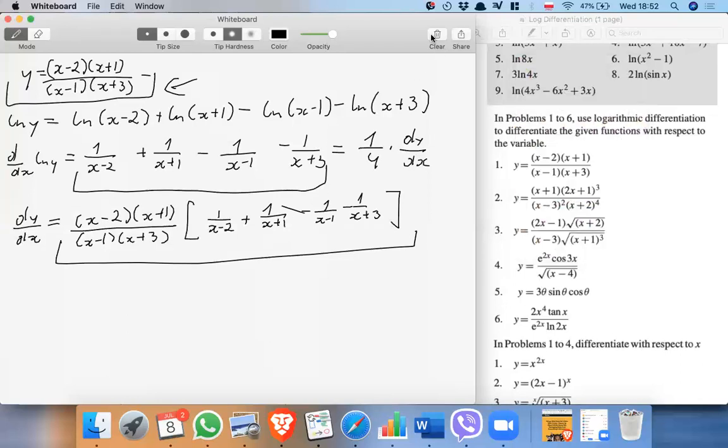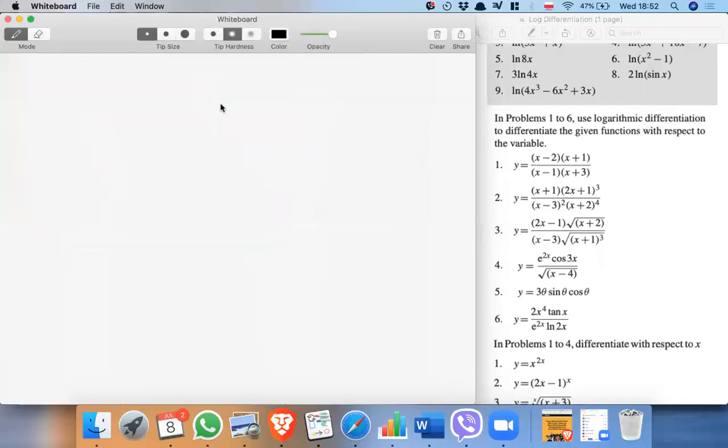So the next one, we're dealing with x plus 1. So that's my y equals (x plus 1)(2x plus 1) cubed, all that divided by (x minus 3) squared and (x plus 2) to the power of 4.